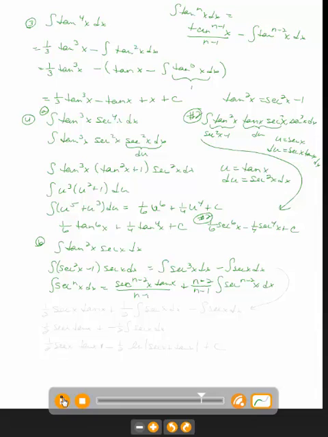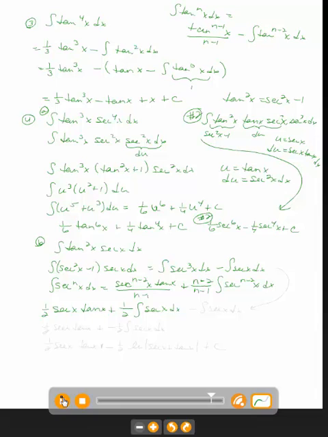And n cannot be 1 because it puts us backwards. So if I use that reduction formula on my secant cubed, it would turn into secant, putting in 3, so 3 minus 2 is 1. So secant of x, tangent of x over 3 minus 1 is 2, so a 1/2 in front, plus 3 minus 2 is 1, 3 minus 1 is 2, integral of secant cubed dropped by 2 is secant of x dx.